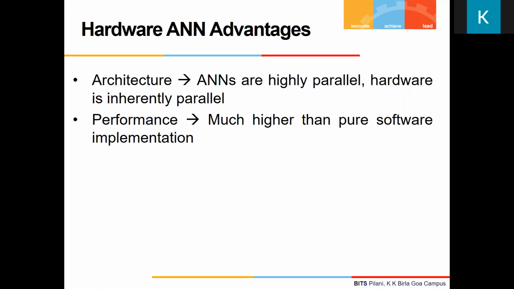If you look at the architecture of a neural net, you will see it's highly parallel in nature. It's quite suitable for concurrent implementation because we have many neurons sitting in parallel. And hardware is inherently parallel in nature. So it's quite suitable for hardware implementation. That is one of the major reasons.